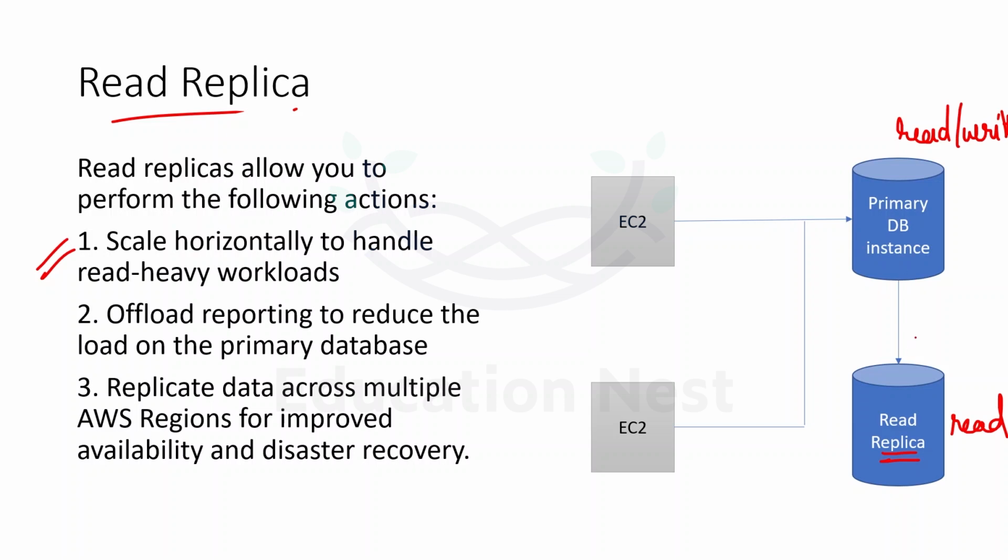And this would copy the data asynchronously, not synchronously. If we want to offload reporting to reduce the load on the primary database, we can do so here. We can also replicate data across multiple AWS regions for improved availability and disaster recovery. That's where read replicas come into the picture.